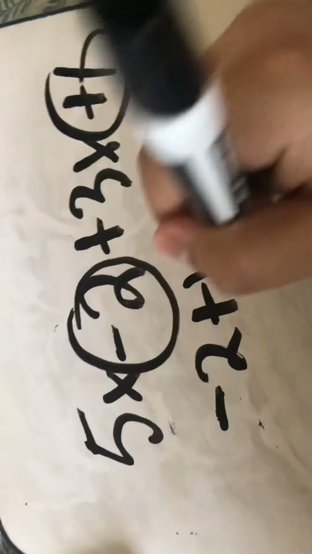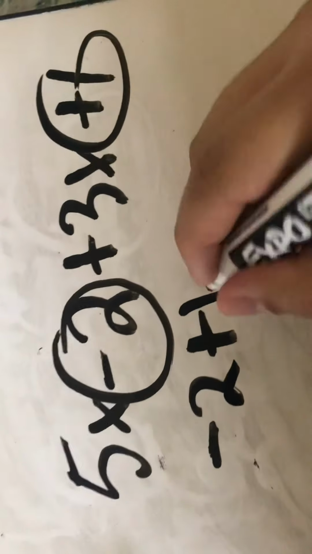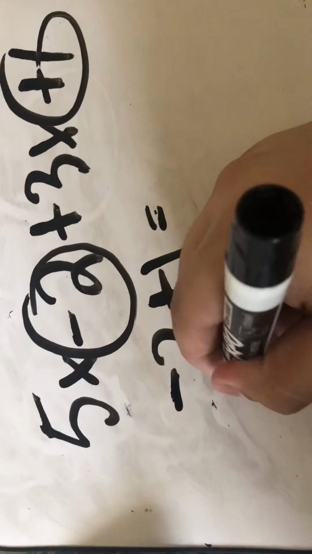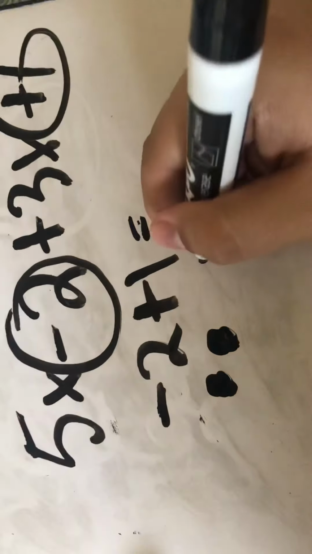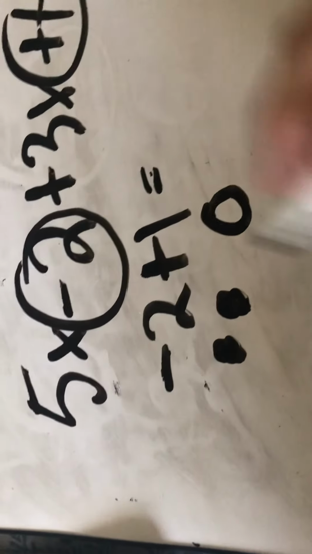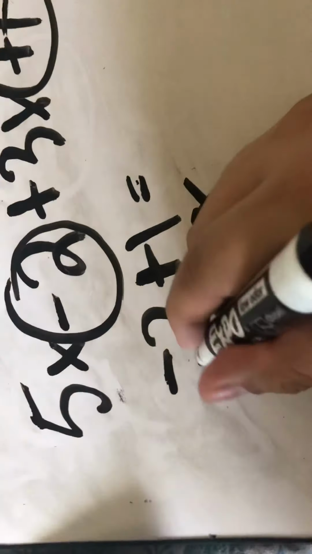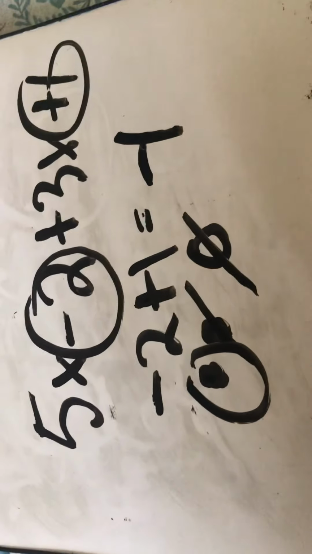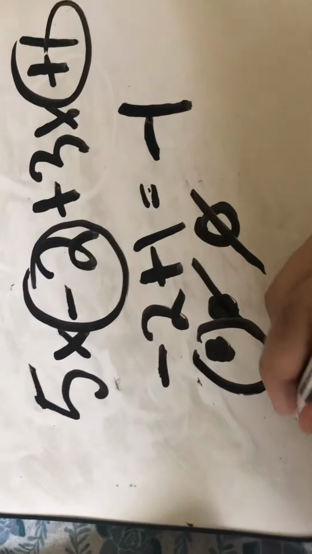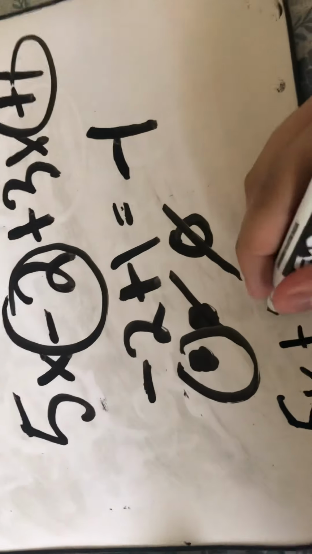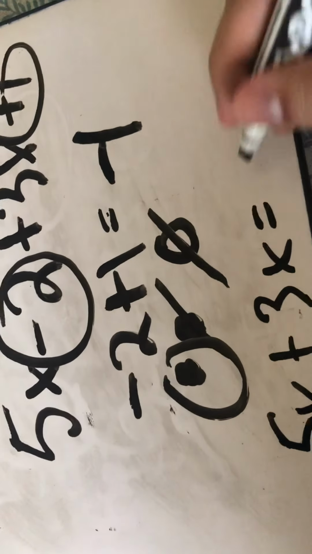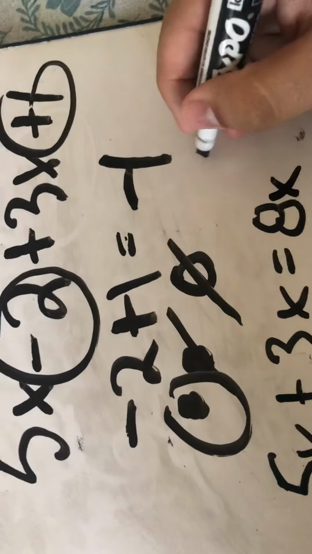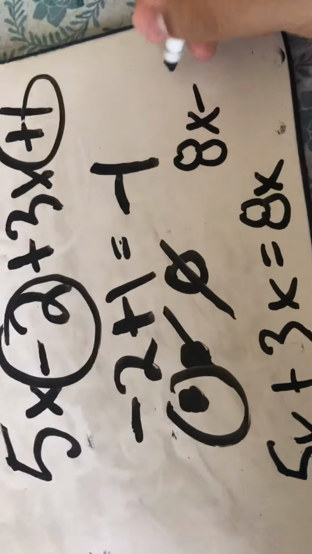Negative 2 plus 1 equals, as we know our negative numbers, you could draw our circles for that. 2 negatives, 1 positive. Okay, cancel them out. You're left with 1 negative, okay, negative 1. Now you can combine the 5x and the 3x, right? You have a plus, so you have to add them together. 5x plus 3x equals 8x. So your final answer when you combine all of them together is 8x minus 1.